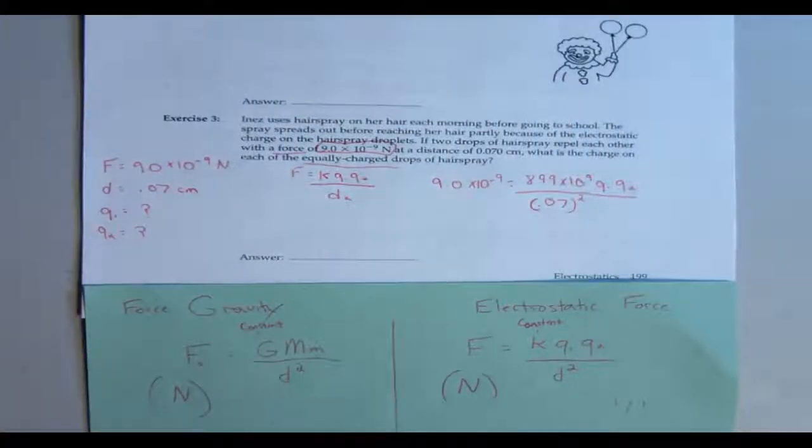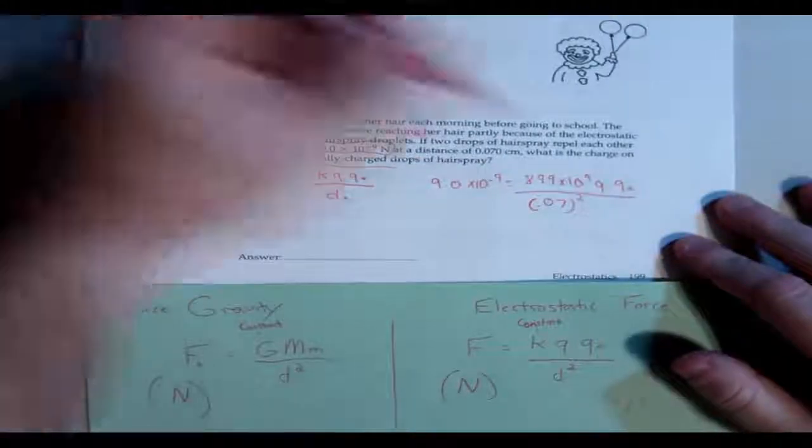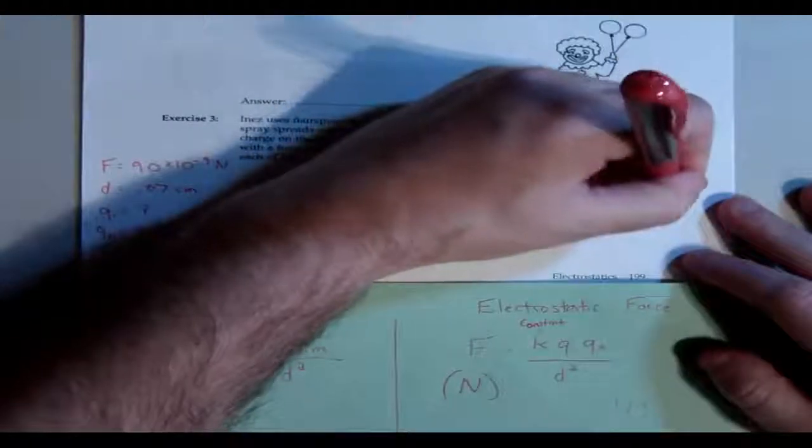Alright, so let's see what we get. First thing we can do is go ahead and square the bottom, or not, whatever we want to do. I want to get rid of this denominator, so I'm going to multiply the whole right side times 0.07 squared. That cancels this out.